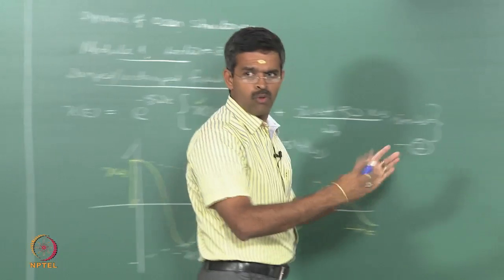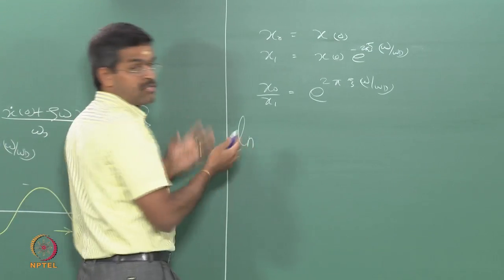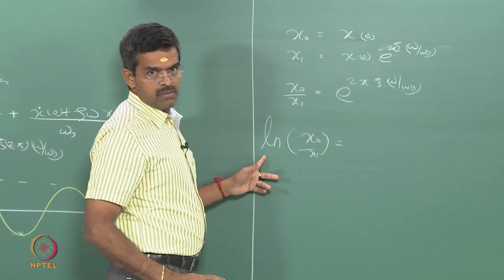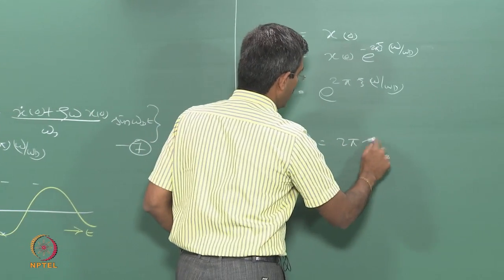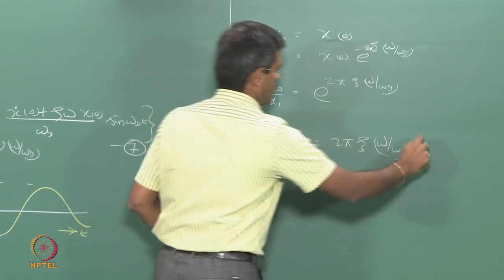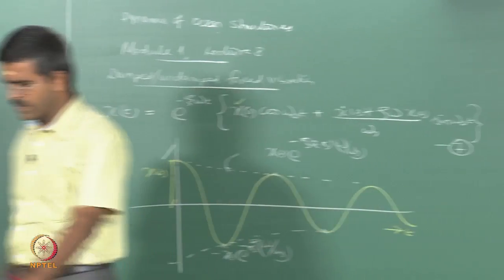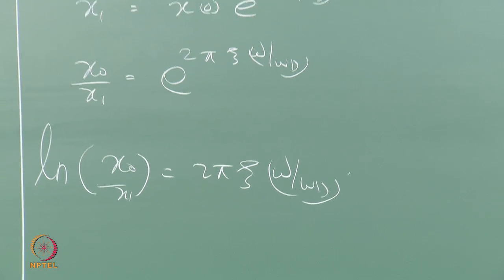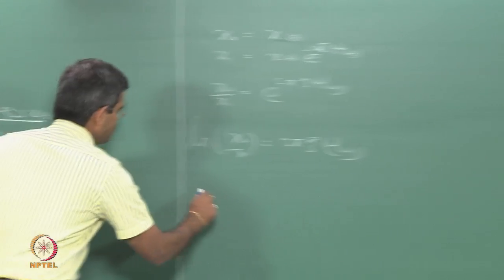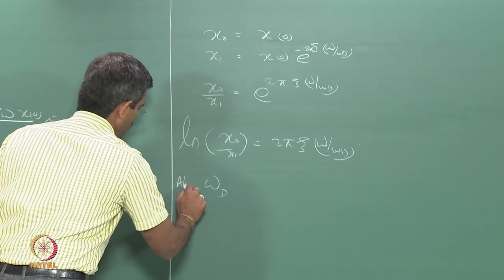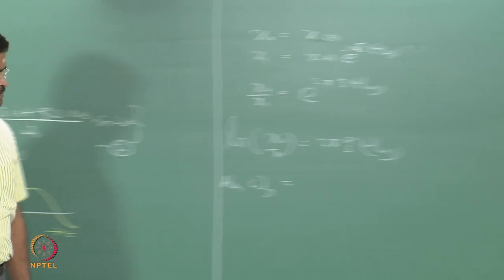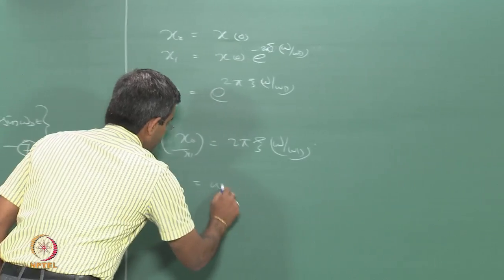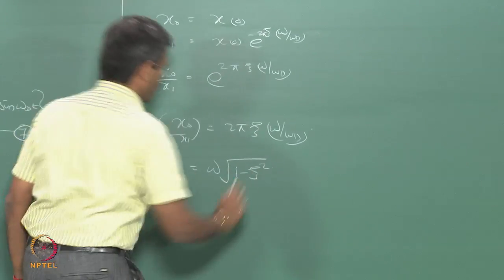Now, I can take logarithm on both sides. I can take a Napier logarithm, which is the natural logarithm, on both. When you do that, it simply becomes 2 pi zeta omega by omega d, because log e to the base e is 1. And we also know omega d is omega root of 1 minus zeta square.